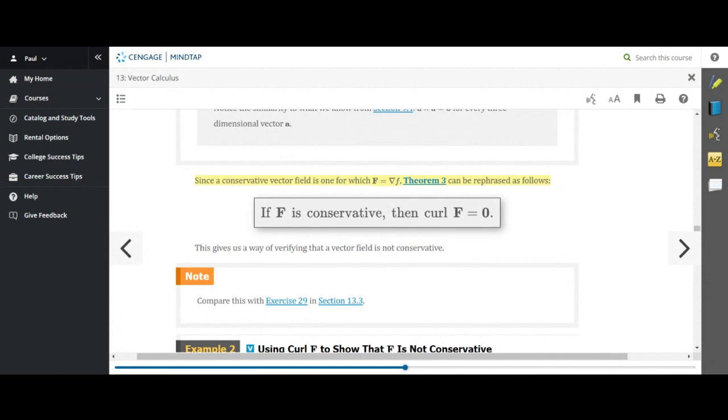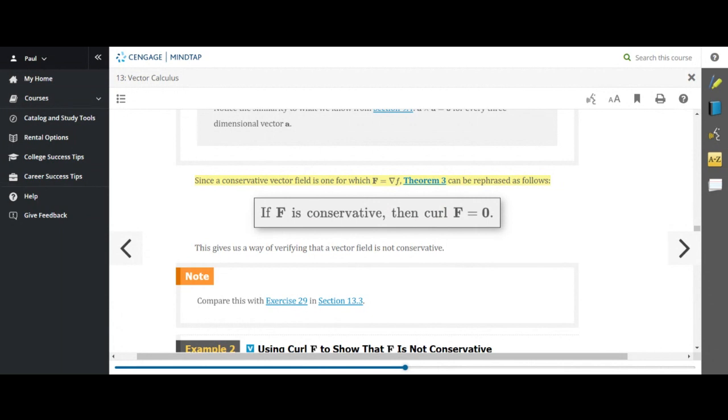Since a conservative vector field is one such that the gradient of some function would have to equal that vector field, all we need to do is test the vector field out, take its curl, and see if it equals the zero vector.